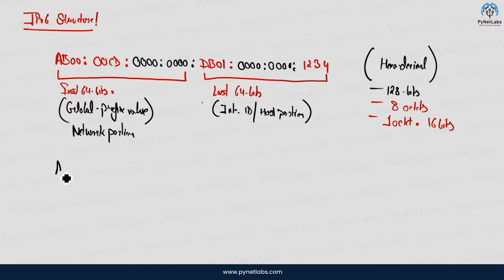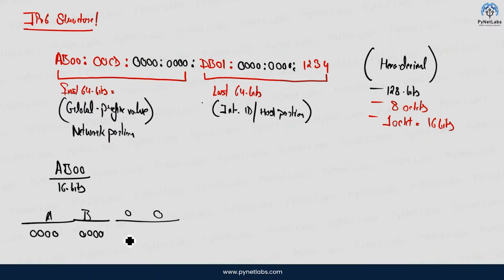When I say AB00, this AB in total consists of 16 bits. And how 16? A is going to have 4 bits, 1, 2, 3, 4. B is going to have 1, 2, 3, 4, and then 0, 0 are there. These zeros will again have 1, 2, 3, 4, 1, 2, 3, 4.